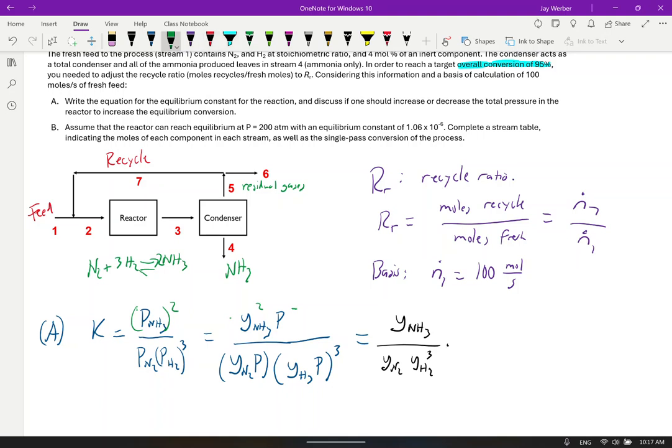So this is going to equal, so we have P squared up here, and so we have P squared over P to the 4th.